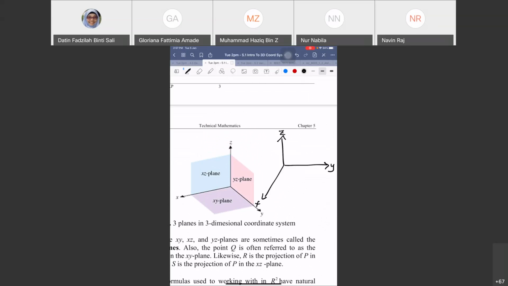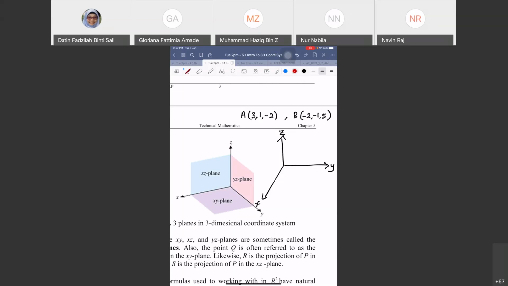Let's say I have a point A, which is (3, 1, -2), for example, and my point B is (-2, -1, 5), for example. So how do we actually plot?